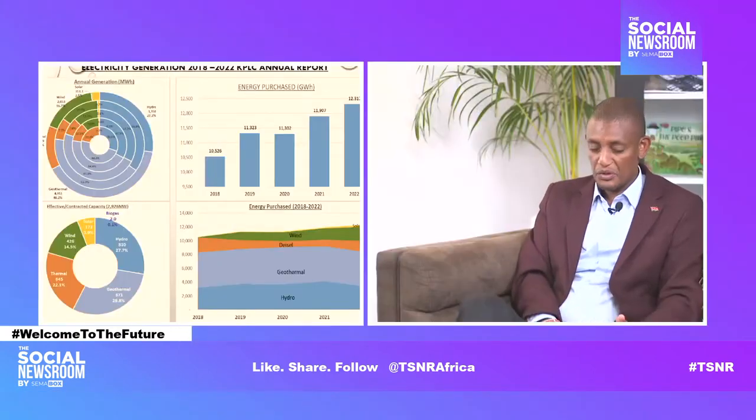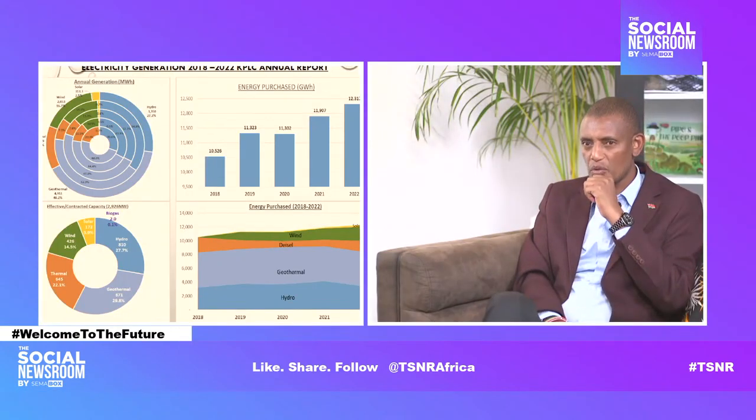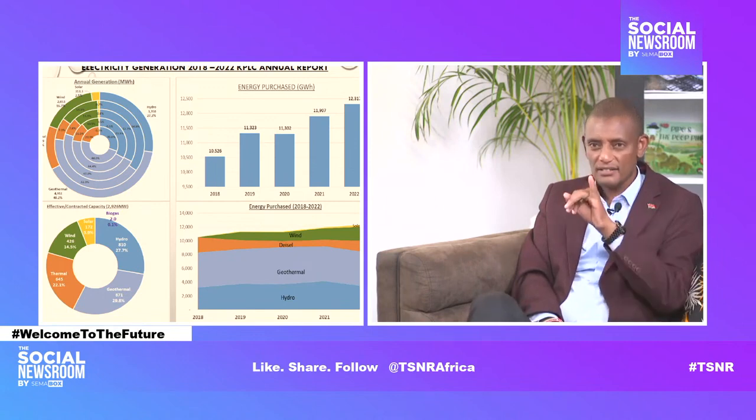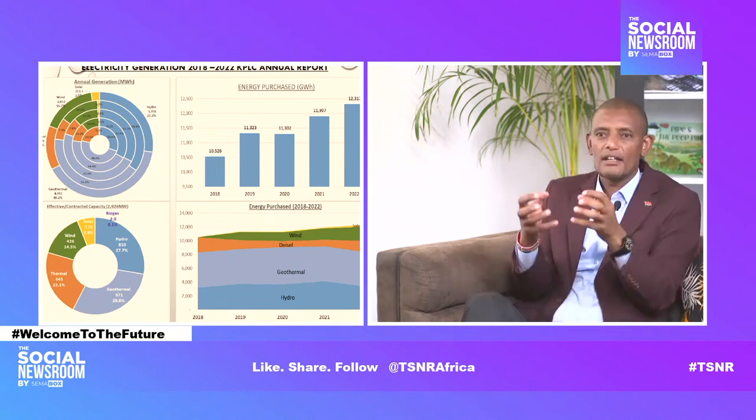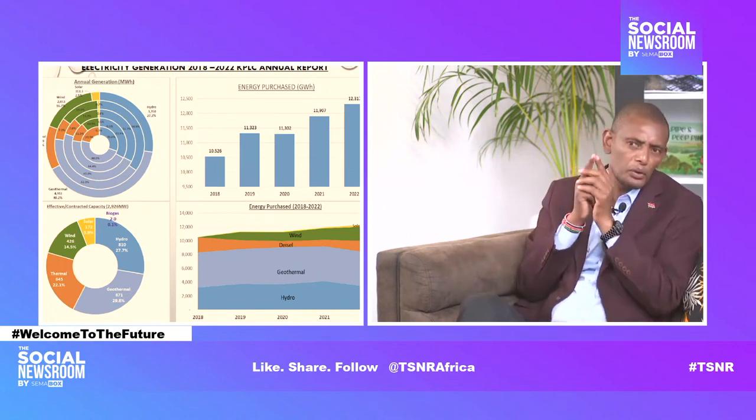What happened is, we said among the 4 groups, which is KenGen, then the GOK, Government of Kenya, then REREC, and then independent power producers. Among the independent power producers, who are 26, remember, it's only 6 that take money for diesel. Those people are normally paid even when they are not producing power, because remember their contract said, what if I set up a plant here, and then there is no power to generate?